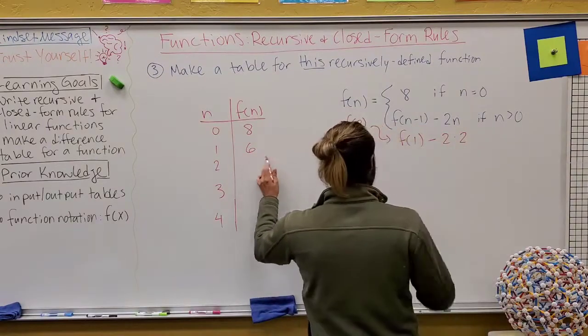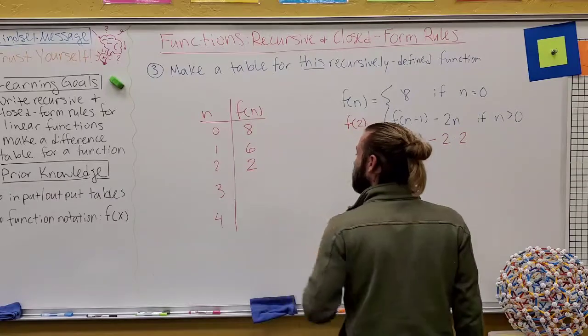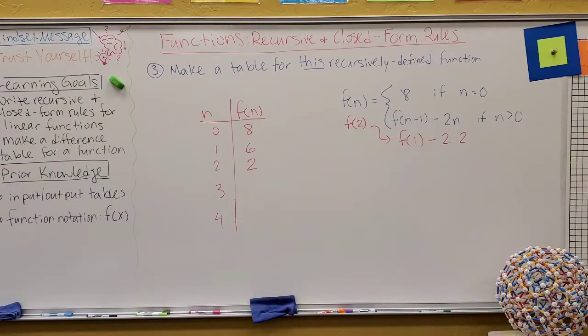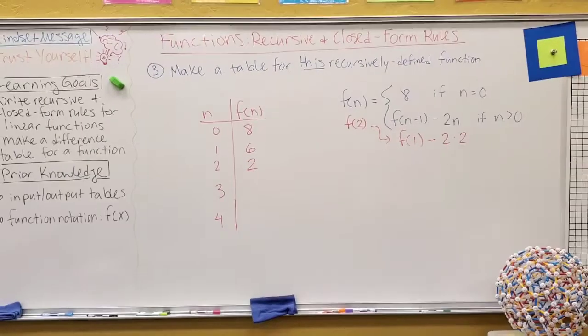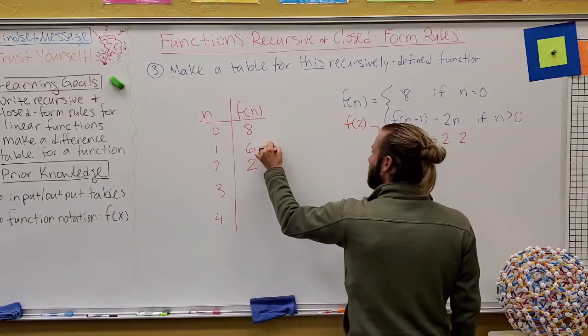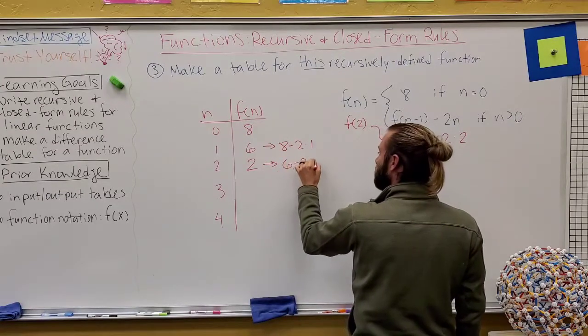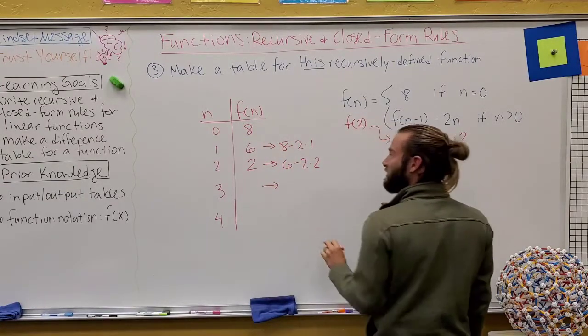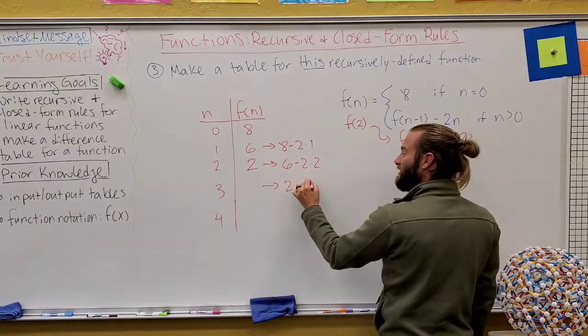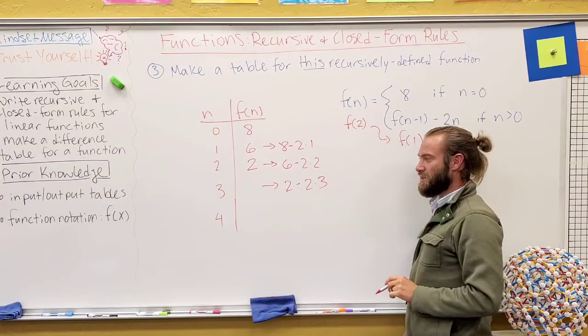So 6 minus 2 times 2 is going to be 6 minus 4, which is 2, right? And then I think we kind of get the pattern here. This one was 8 minus 2 times 1. This one was 6 minus 2 times 2. So this is going to be 2 minus 2 times 3, because my n is 3 in this case, right?